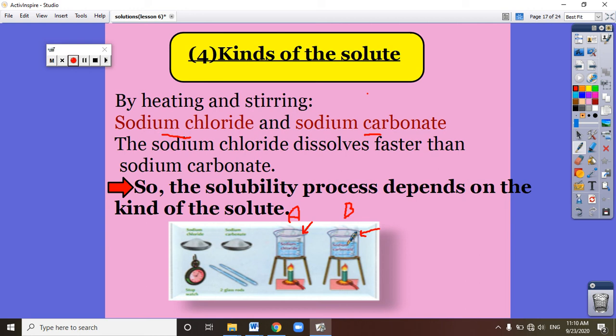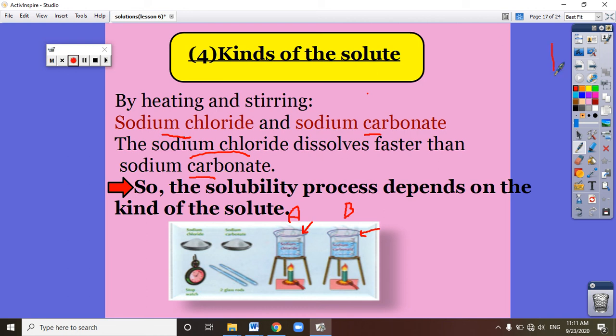But beaker A contains sodium chloride and beaker B contains sodium carbonate. Which one will dissolve fast? We can see that sodium chloride dissolves faster than sodium carbonate. Okay, why? Because the sodium chloride is different than sodium carbonate. Okay, what is the meaning of that?